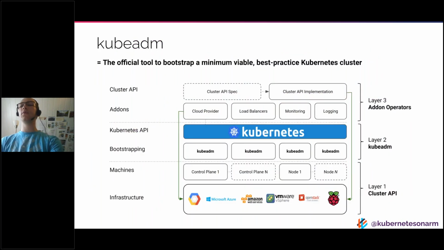Okay, so when starting SIG Cluster Lifecycle with Kubernetes, which is one of the special interest groups, we identified essentially 3 layers: infrastructure layer, Kubernetes bootstrapping layer, and add-on layer. And we set off, because the middle layer was the most well-defined one at the time, we started with that.